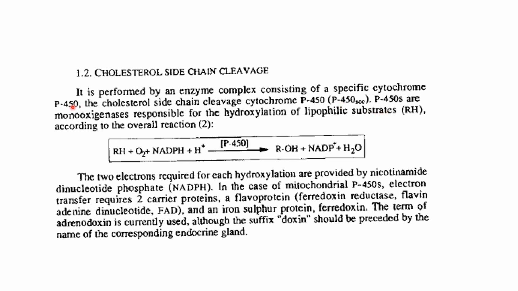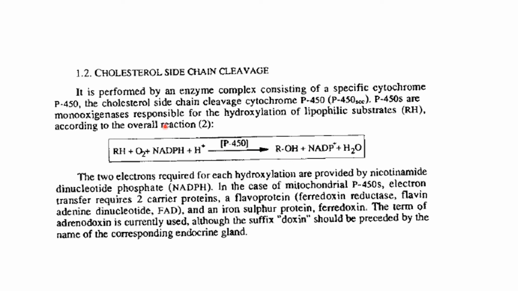P450s are monooxygenase enzymes responsible for the hydroxylation of lipophilic substances like cholesterol. In this example, RH is cholesterol, a lipophilic substance. To convert cholesterol to pregnenolone, we need to cleave off 6 carbons and put an OH group in the place of that 22nd carbon.